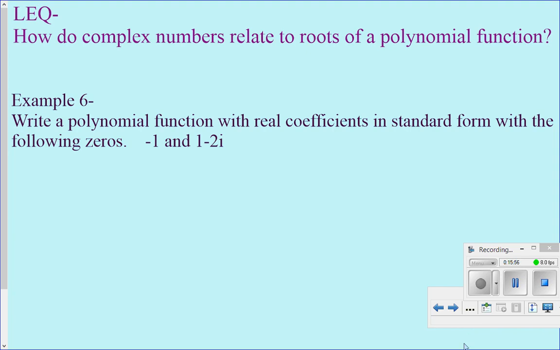Next, so same idea, we'll start with y equals. Negative 1 is the root, that means x plus 1 is the factor. 1 minus 2i means I'm putting x minus in front of that. The conjugate of 1 minus 2i is 1 plus 2i. So I'll put the x minus in front of that.